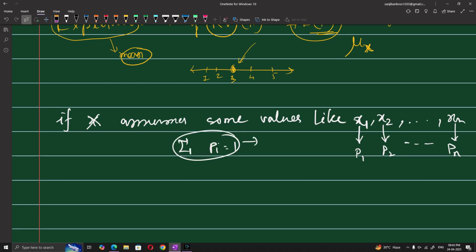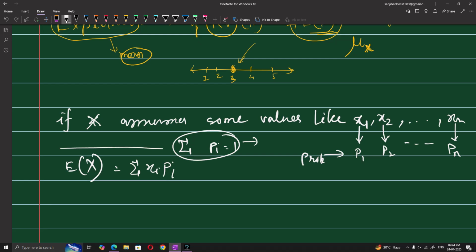We know all the probabilities, if all the probabilities are added we get 1, because the sample space takes them, you know it. And expectation of X is summation xi pi, provided this is finite.